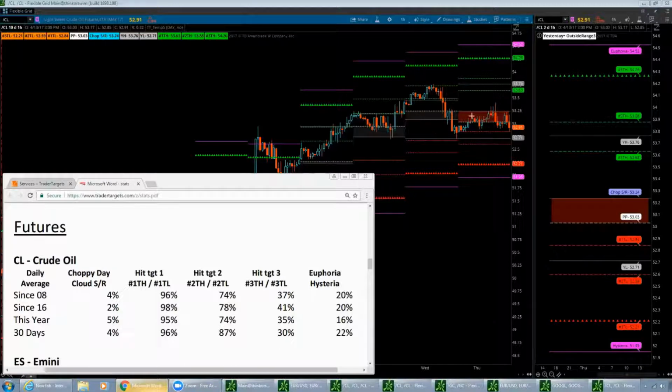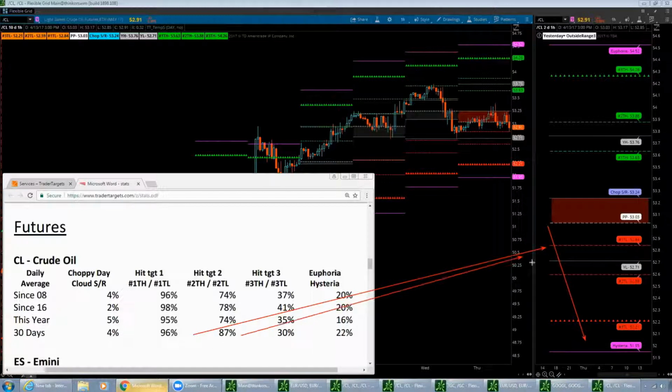Once price is below the cloud, you're going to start looking for target 1, target 2, target 3, and hysteria. And this is going to tell you that there is a 96% chance that when price gets below the cloud, this chop support resistance zone, it's moving into target 1.